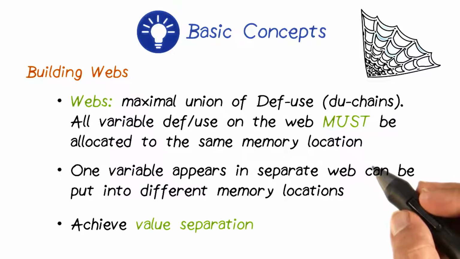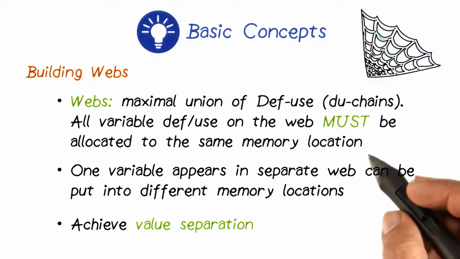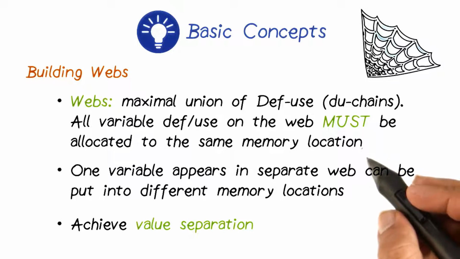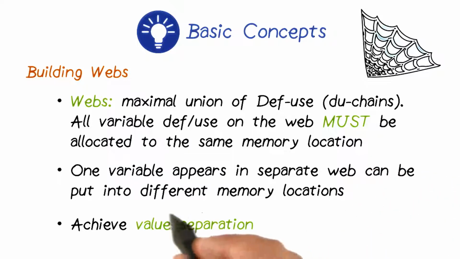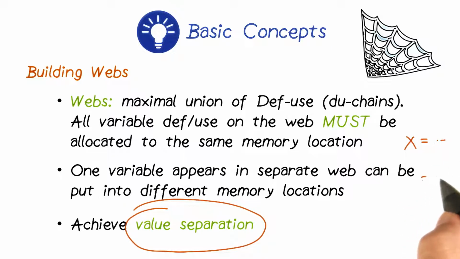That is, a variable is considered as one unit as long as it is in one web. Different variables for different webs are considered as totally separate from each other. This is what we call value separation. So for example, this x is feeding to this particular x. This could be one web, but the other x, which is feeding to yet another one, is considered totally separately.